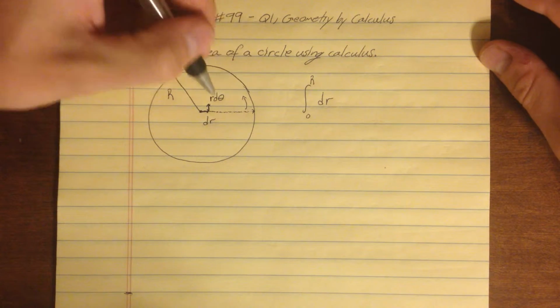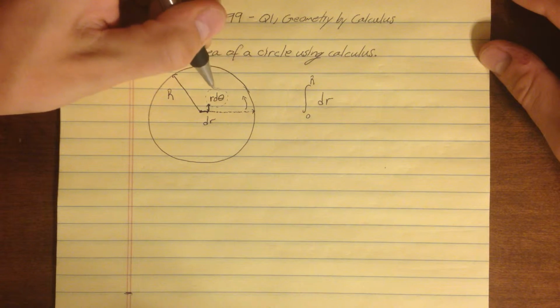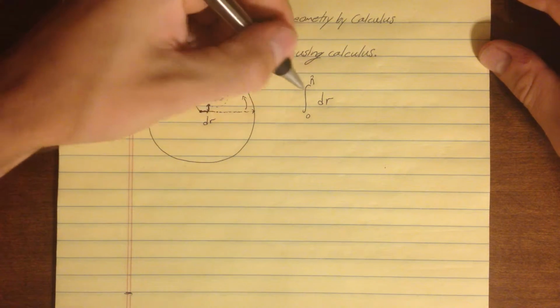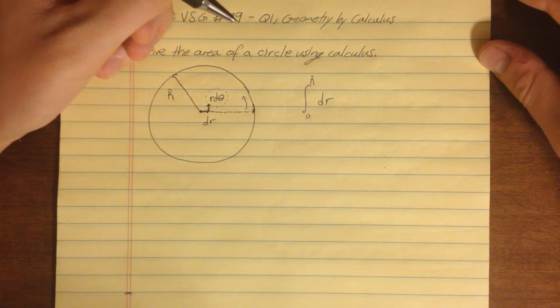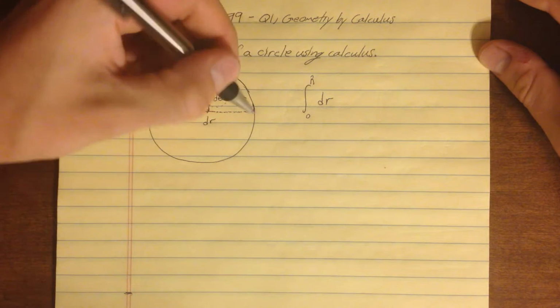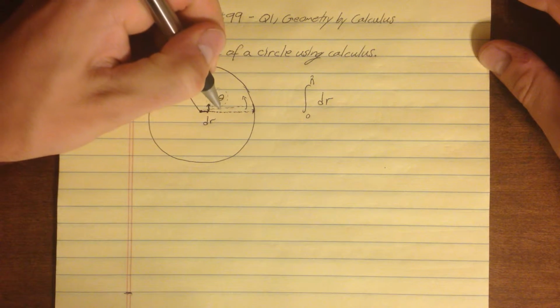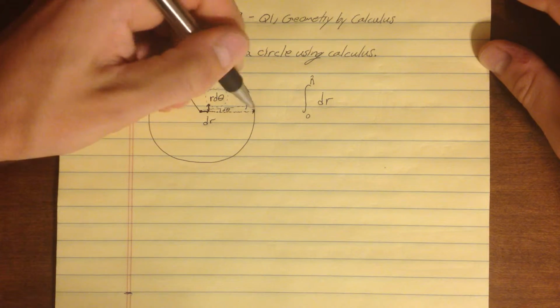So in order to do that, I'm going to integrate our differential angle from 0 all the way to 2 pi. Because this angular displacement right here depends not only on the angle d theta, but also on the distance r from the center.